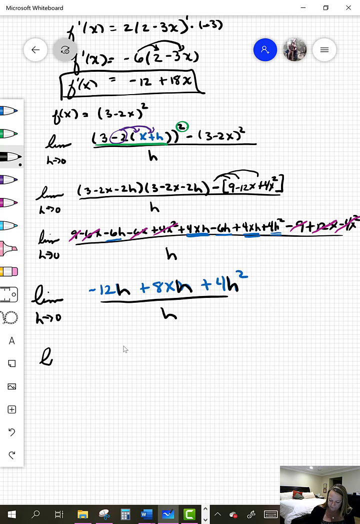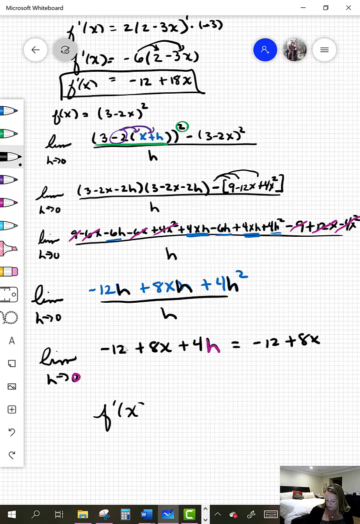If we do that, we get negative 12 plus 8x plus 4h. Now when we look at this as h is approaching 0, we're left with negative 12 plus 8x. So our derivative is 8x minus 12.